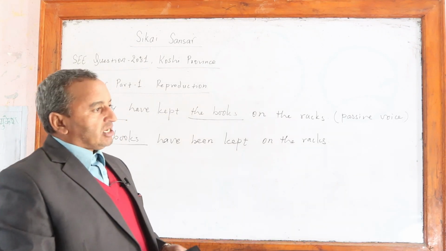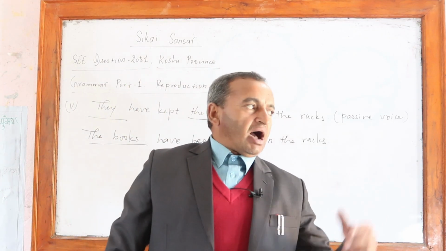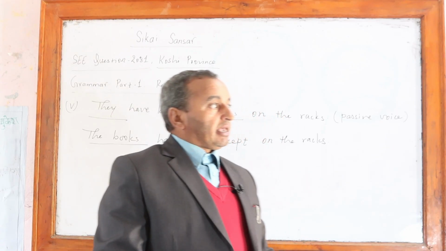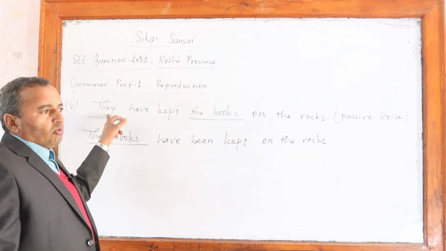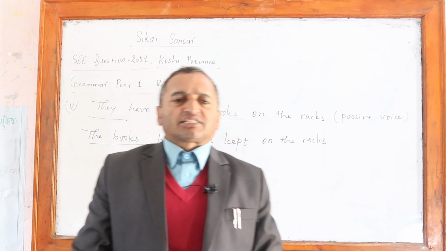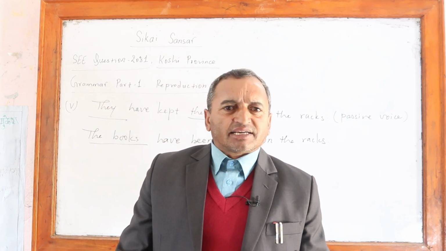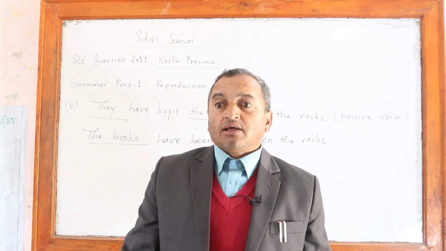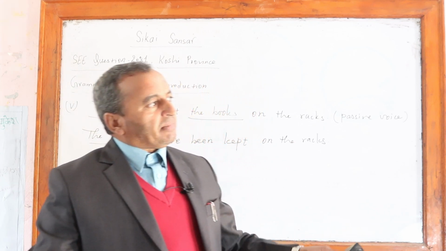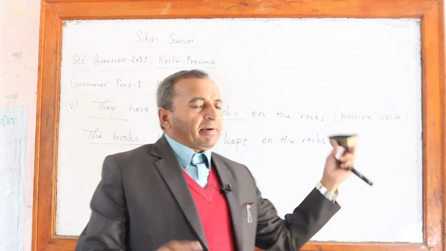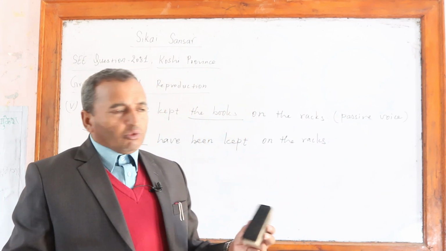As you have done in other things, by Ram, by Hari. Here the subject is they. We don't know who they are. The subject is not confirmed. It is not definite. It is indefinite. It is not clear who they are. They could mean ten boys, Ram and Hari, students, teacher. We don't know.